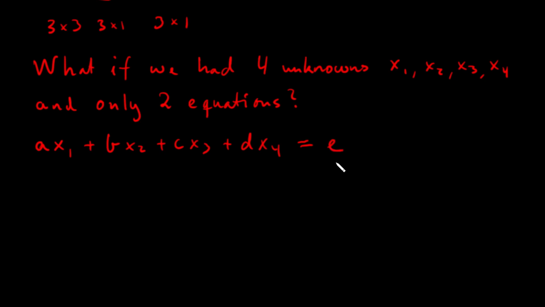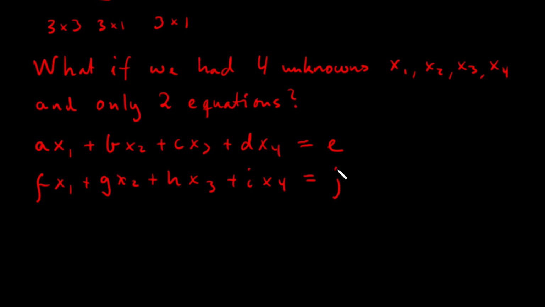On the right hand side we have e on this first equation, and then the second equation could be f x1 plus g x2 plus h x3 plus i x4, and then j on the right hand side.